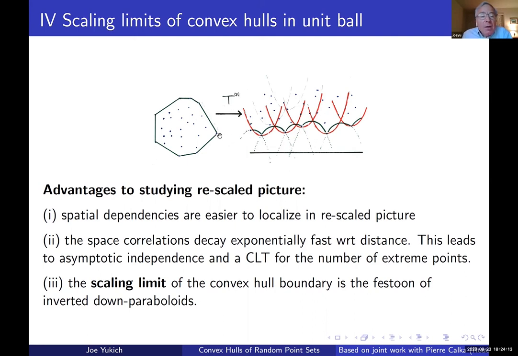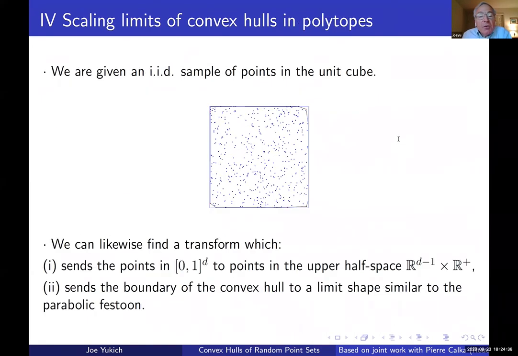So in the case of IID points in the unit ball, they're all sent via a scaling transform to points in upper half space. It's Poisson points with rate 1 in the limit. But in the case of Gaussian input, our transform sends points to this picture.